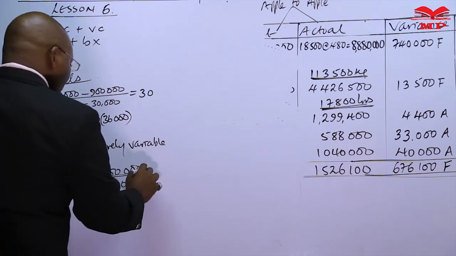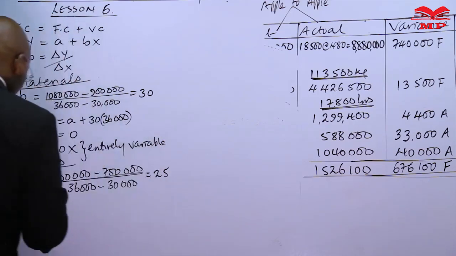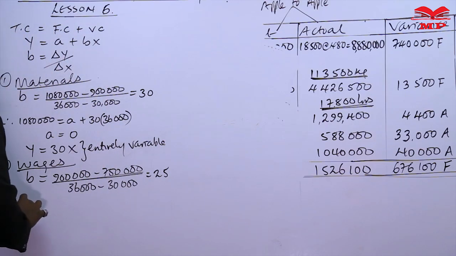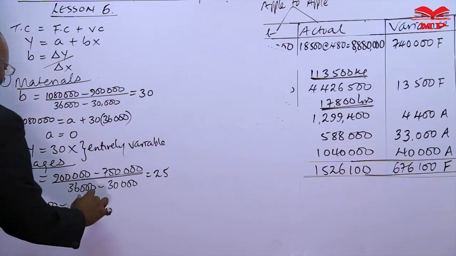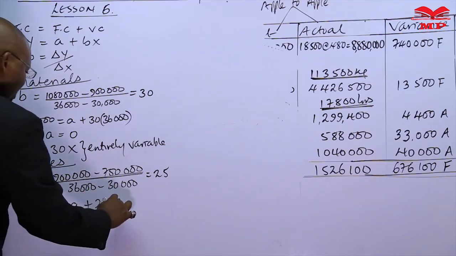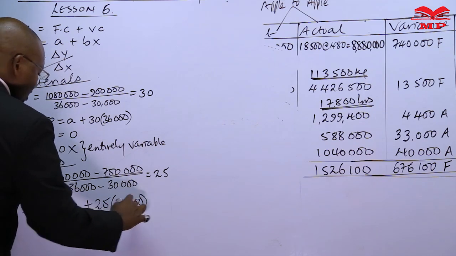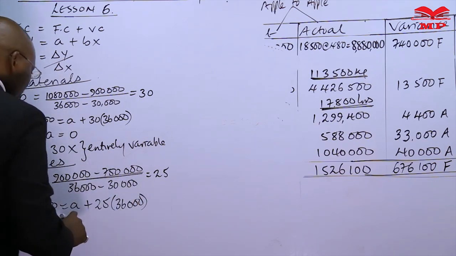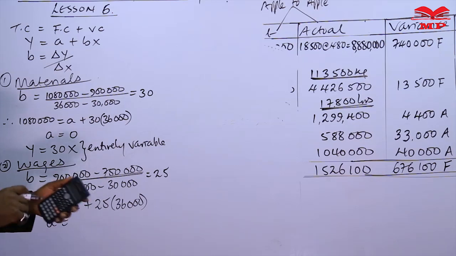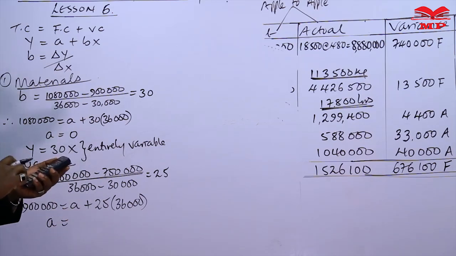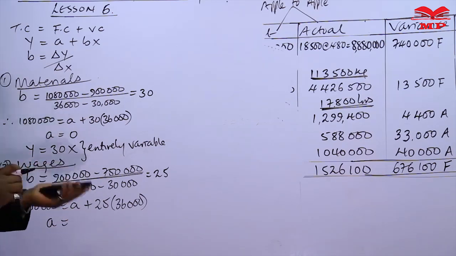This gives us 25. Then you say that therefore 900 being my y equals a plus 25 in bracket that 36,000 being my x. So my a shall be the difference between 900 and this answer, which if I multiply by that 36, I get the same 900.